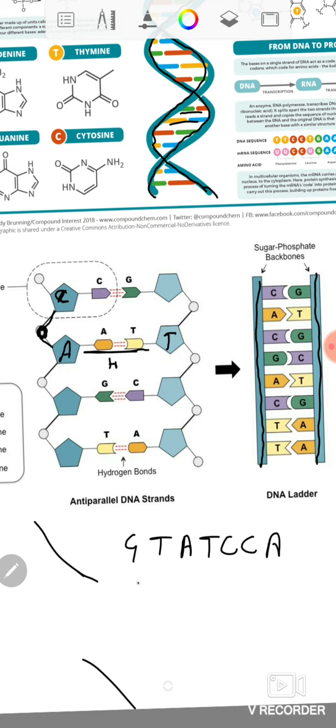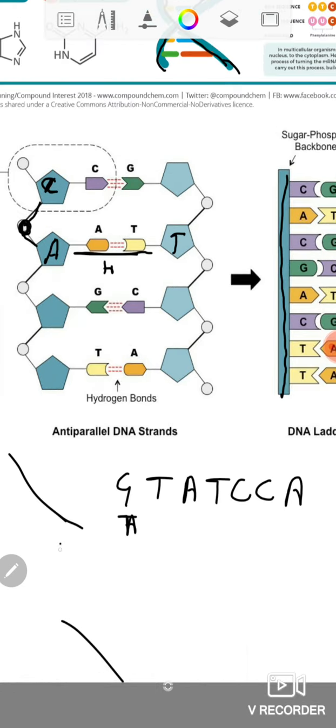This is a construct, but a nucleotide cannot randomly bind to any other nucleotide. For example, guanine can't bind to thymine or adenine. There is a universal rule: guanine will always bind with cytosine and thymine will always bind with adenine.